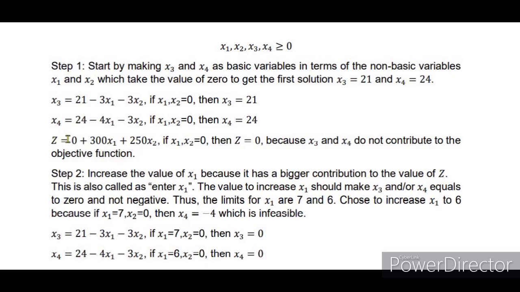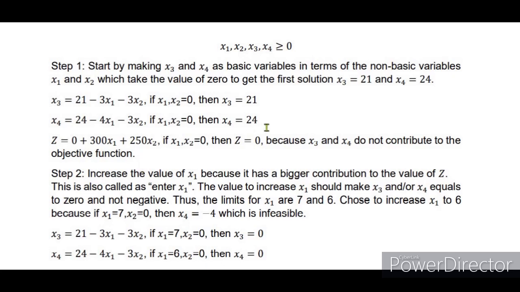Next, for constraint 2, we transpose again 4x sub 1 and 3x sub 2 to the other side to get x sub 4. Then again, we let x sub 1 and x sub 2 equal 0, and we find the value of x sub 4, which is 24, correct?